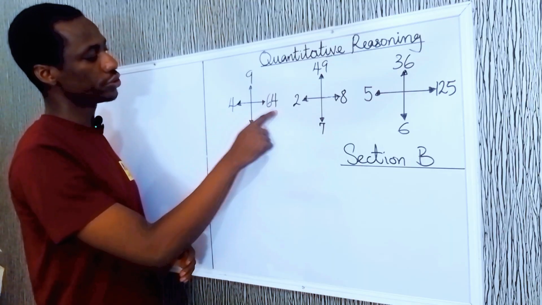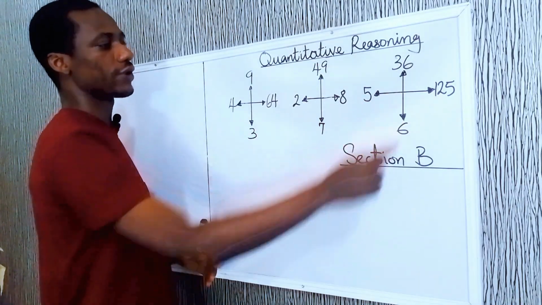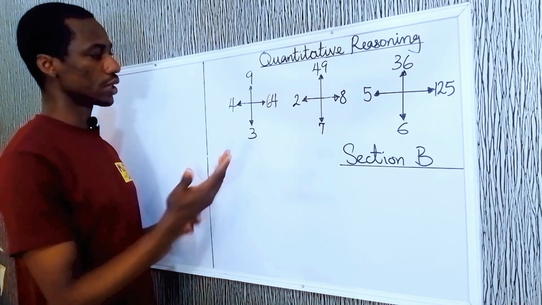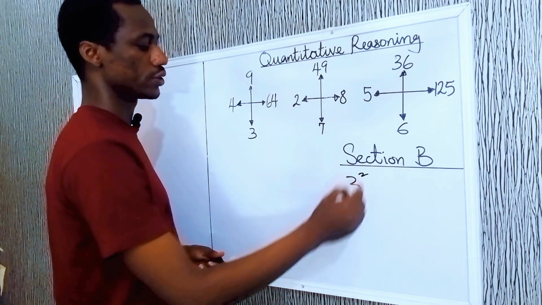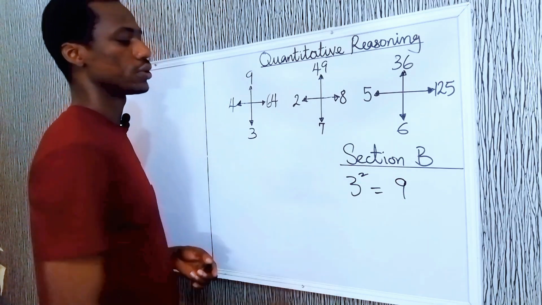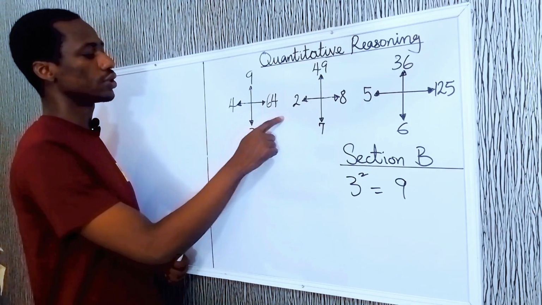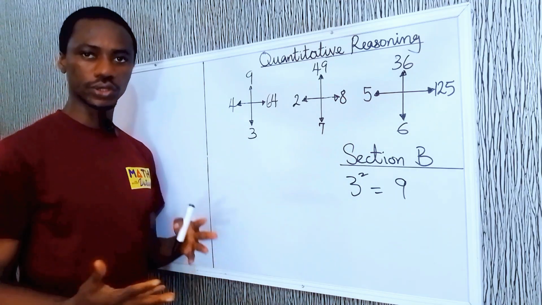So what's the relationship between 4 and 64, 2 and 8, 5 and 125? We can use any of the samples, so let's use the first one. So 3 squared equals 9. We've settled that. We'll come back to it. Now we're looking at 4 and 64, 2 and 8, 5 and 125.